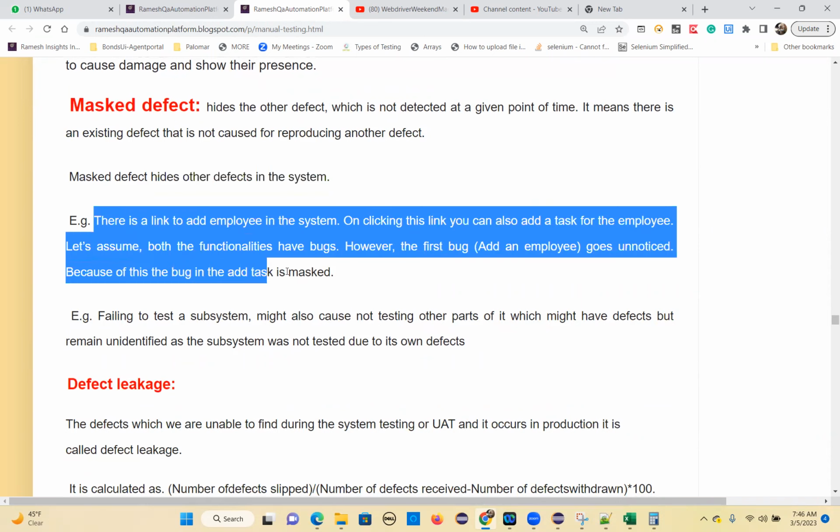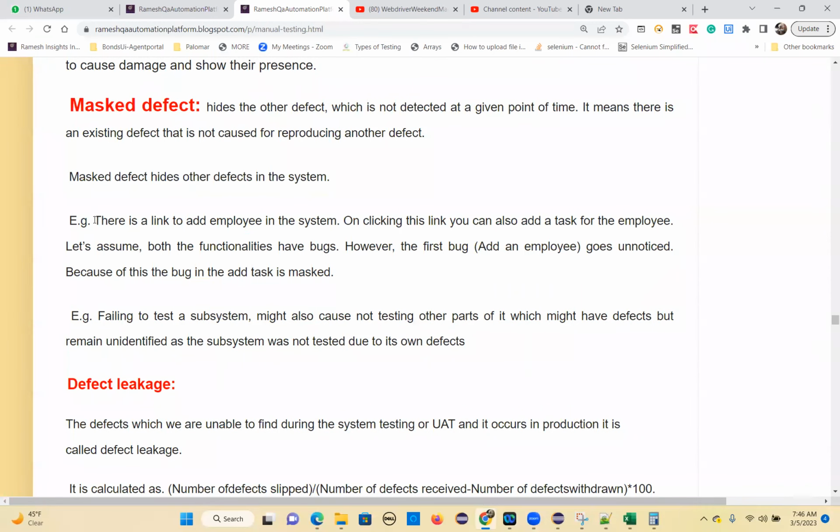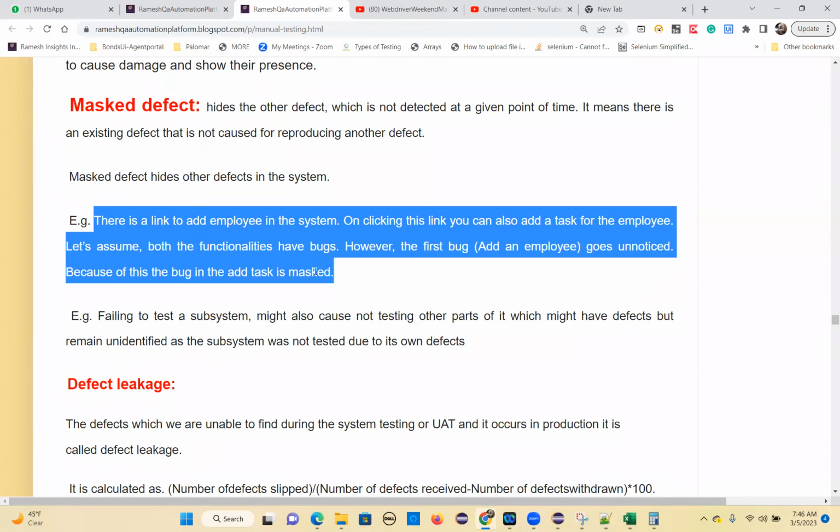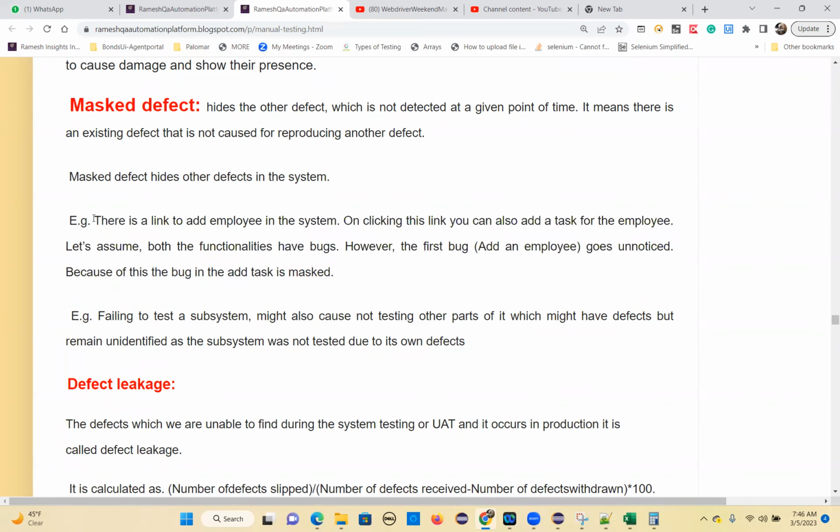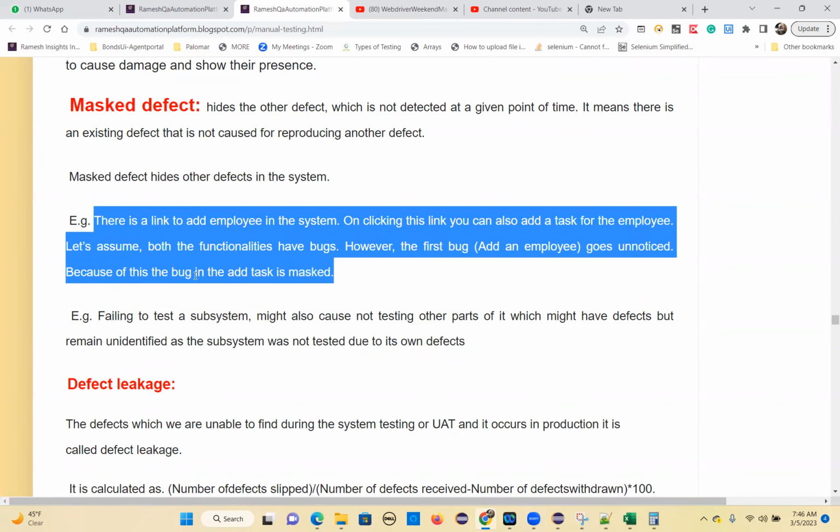These are examples. You can create such defects in whatever project you are working on. Create this kind of scenario and keep it ready for the interview. Don't go blindly; make a note of all these points. They will ask, tell me the scenarios, and you have to be ready based on your project.